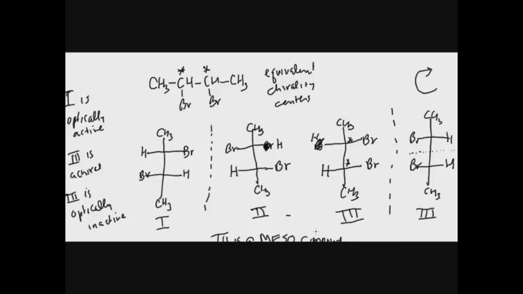It's important to think about this. This is a new term. It's a new type of molecule. And again, to define it, a meso compound is one whose molecule has multiple chirality centers and yet is achiral overall.